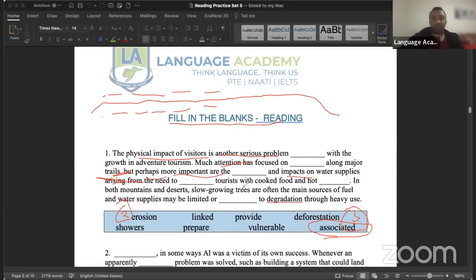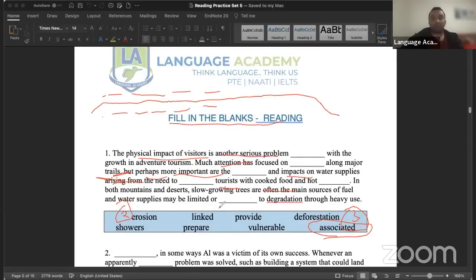So because of that, impact of water supply arises from the need to dash tourist. What do you do tourist with cook food? What do we do? Deforestation is already done, associated done, erosion is done. I can't put shower over here, I can't put vulnerable over here. All right. So, and we can't say need to prepare tourists with cook food.